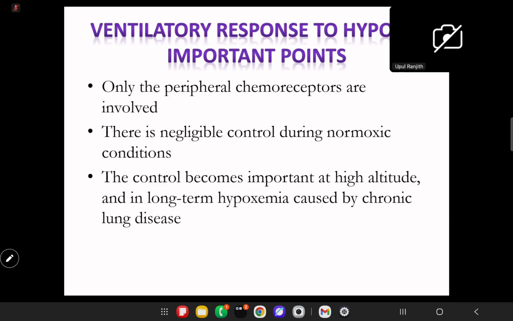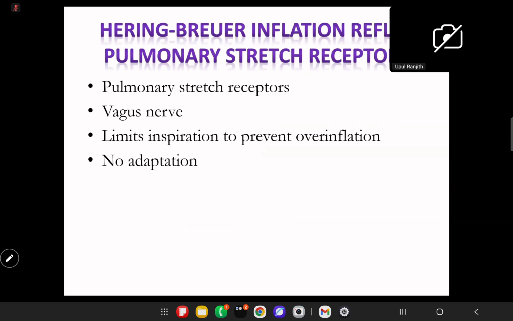And then the chronic lung disease, that is chronic obstructive pulmonary disease, COPD. So you have chronically elevated carbon dioxide, therefore the respiratory center is no longer sensitive to carbon dioxide. So your respiratory drive is on hypoxia, right? Then various other reflexes are also responsible for respiration.